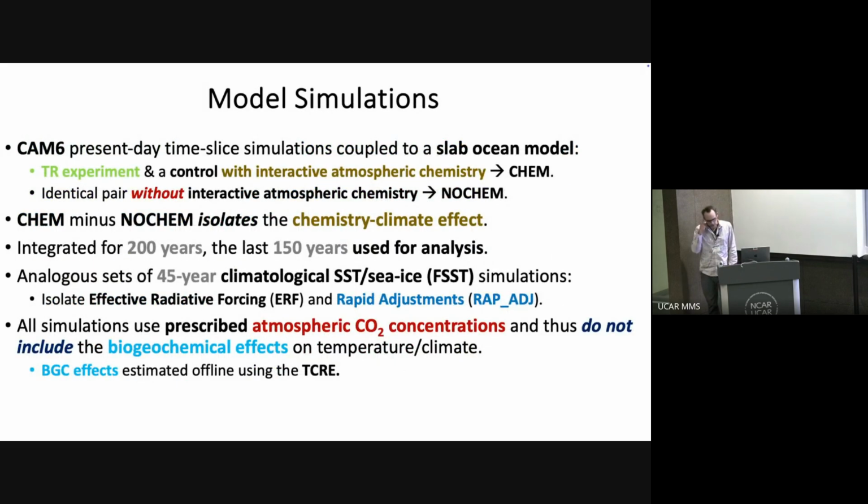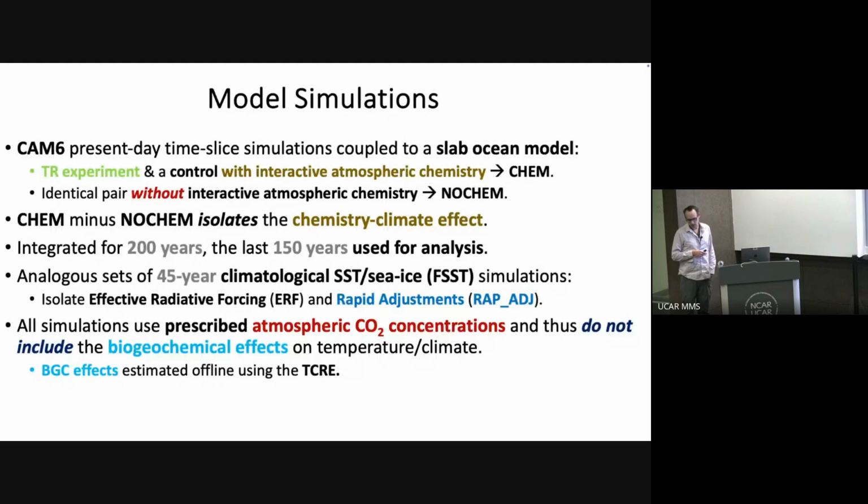So I used some CAM6 model simulations to further investigate the impacts of tree restoration on these short-lived climate forcers. This includes a tree restoration experiment relative to a control simulation with interactive atmospheric chemistry, and a comparable set of simulations without interactive atmospheric chemistry. The difference between those two simulations allows you to quantify the atmospheric chemistry effects due to tree restoration.